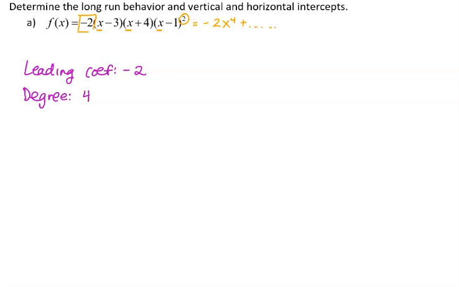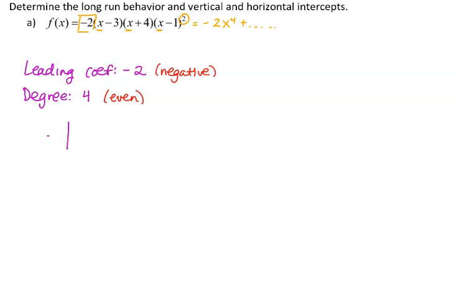So as we're looking at these key values, the thing that matters is that our leading coefficient, negative 2, is a negative number, and that our degree 4 is an even degree. So if we're thinking about a well-known function that has an even degree, we can think about what we know about our quadratic, our x squared function, that it's that U-shaped graph that either opens up if the leading coefficient is positive or down if the leading coefficient is negative.